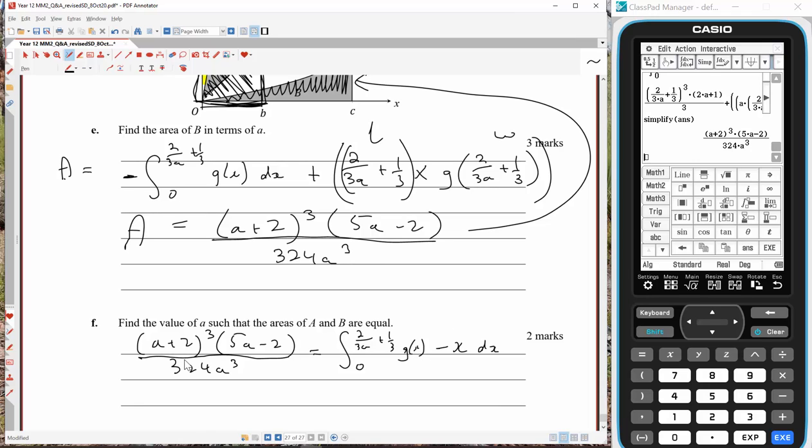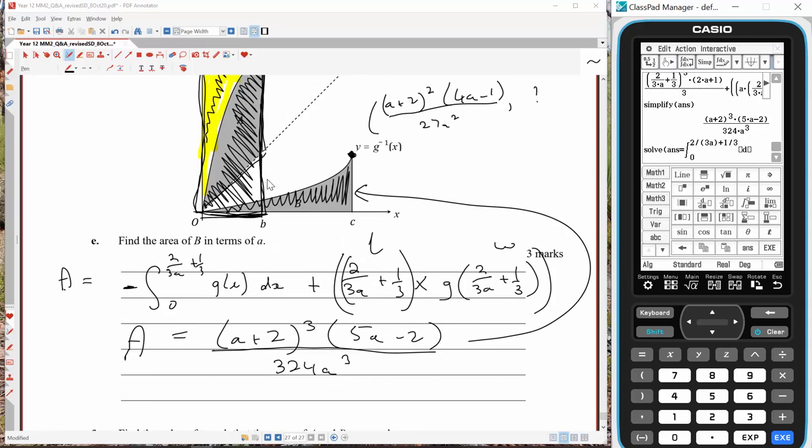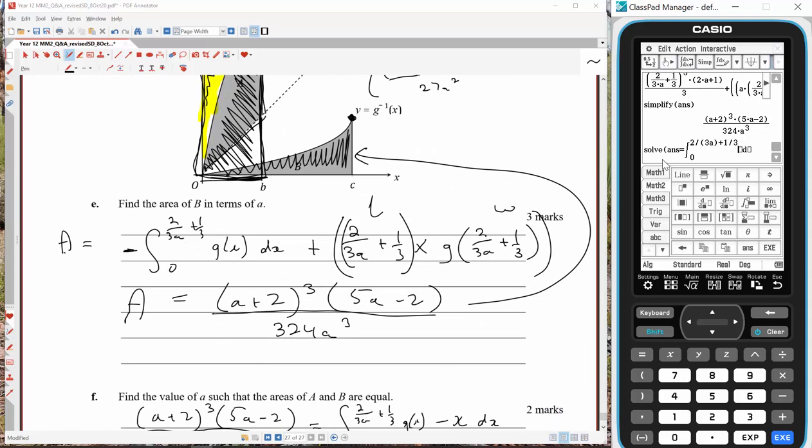Now we'll run this through the calculator doing a solve for a, and we should get our value of a. Let's see what happens. Solve this thing here equals the integral between 2 over 3a plus 1/3 and 0 of f of x, take x dx, and solve that for a.